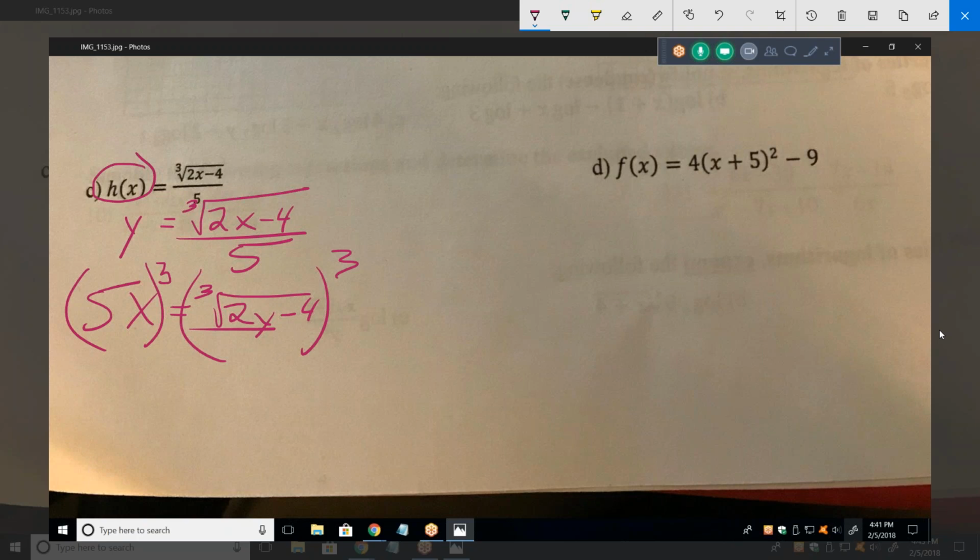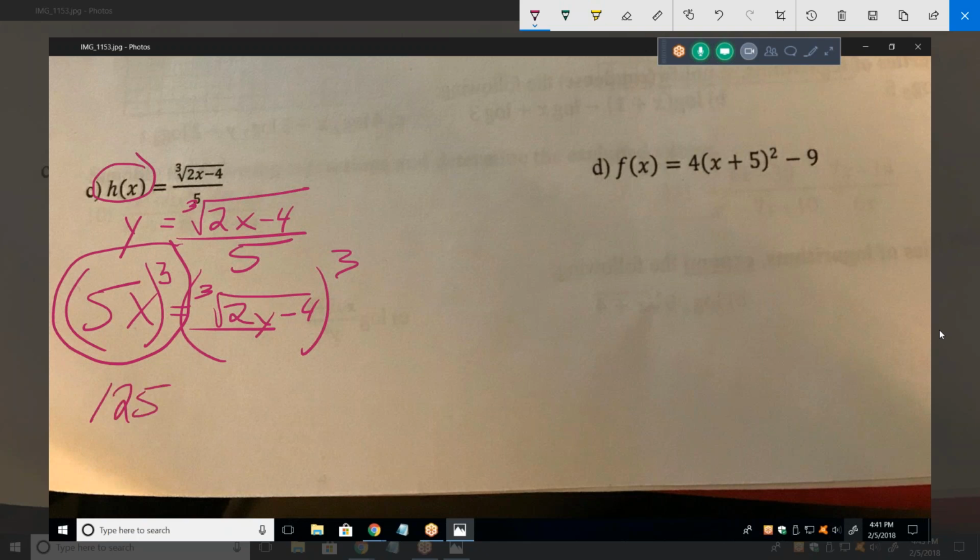We're going to take that to the 3rd power. What's the left become? 2y minus 4. What's 5x cubed? Do you multiply it? No, you cube it. Oh, 5 cubed. 125x.